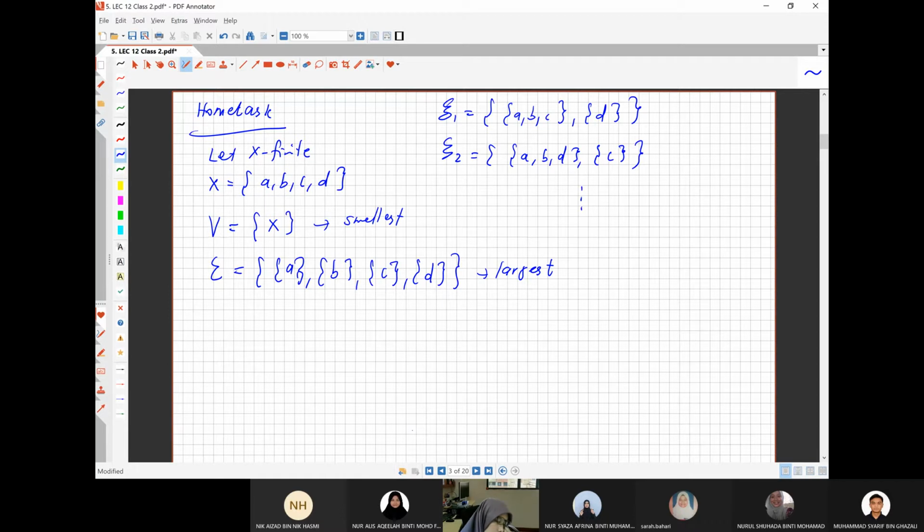So I think you can list all the possible elements in the partitions. You can go for B, C, D, and A, and so on. So you can consider 3 elements in a set and 1 element in a set, and you can consider 2 elements in a set and another 2 elements in a set, and so on.